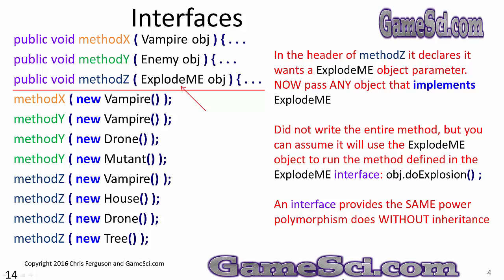Again, I did not write the entire method, but you can assume it will use the ExplodeMe object to run a method that's defined in the ExplodeMe interface. So it's going to do something like obj.doExplosion, because doExplosion was the method defined in the interface. An interface provides the same power polymorphism does without doing full inheritance.